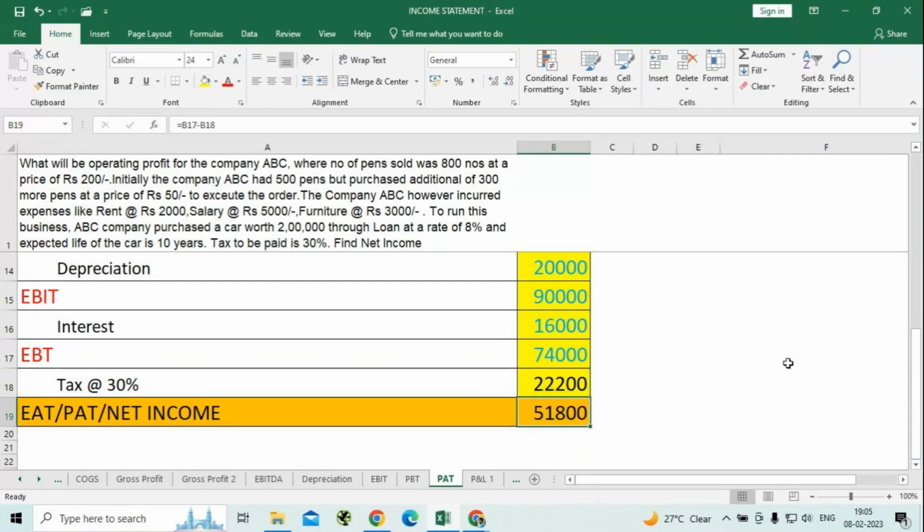This is how it is linked with each and every transaction. You will see the transactions in this way. You have to do the calculation, find out what each is related to, and arrange everything as per the income statement format. So we found the net income finally.